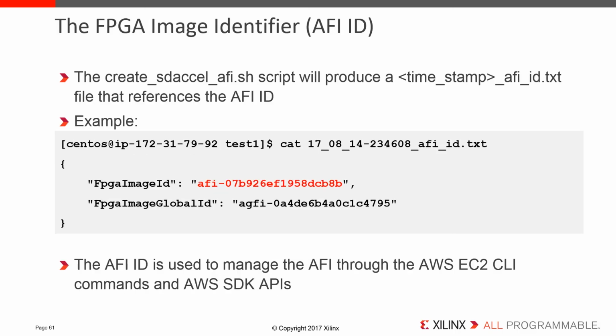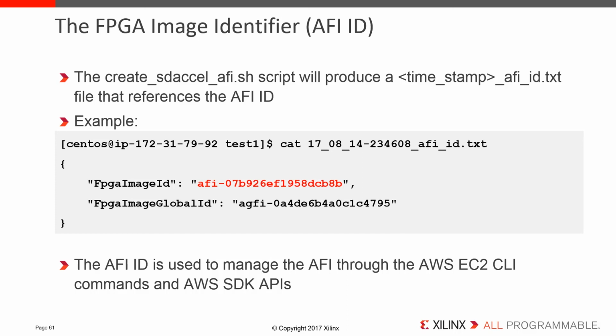To obtain the AFI ID or the FPGA image identifier, open the file with the suffix AFI_ID.txt that was produced by create_sdaccel_afi.sh. Shown here is the content of an example AFI_ID.txt file where you can find the AFI ID highlighted in red.